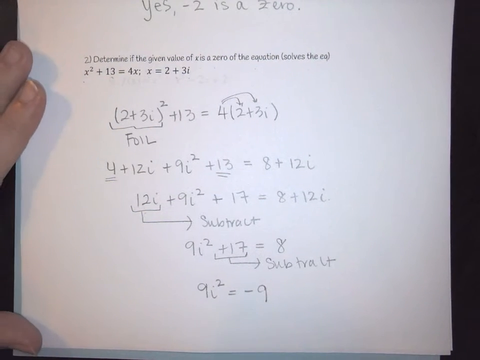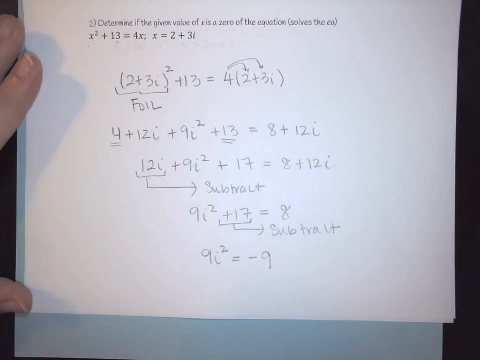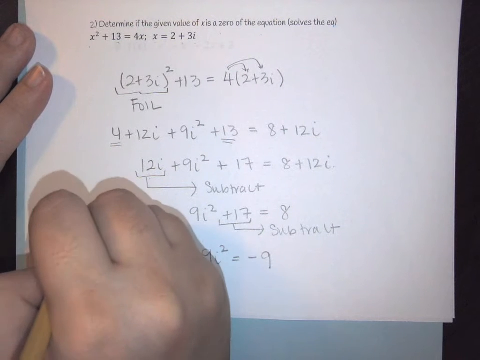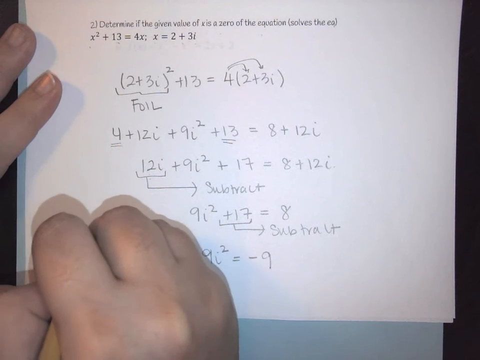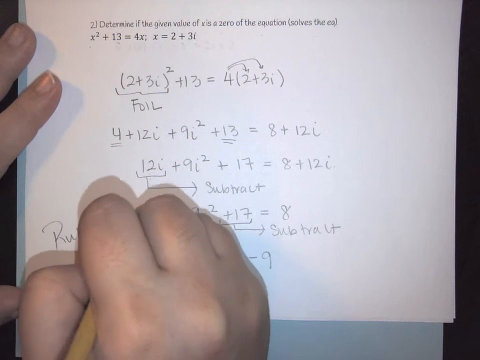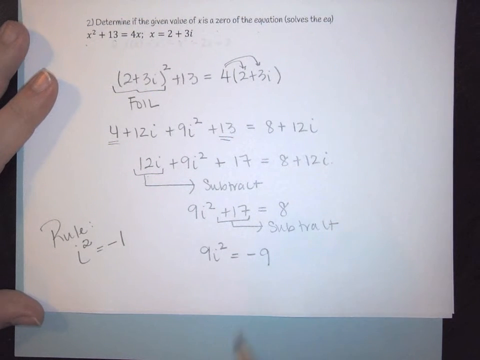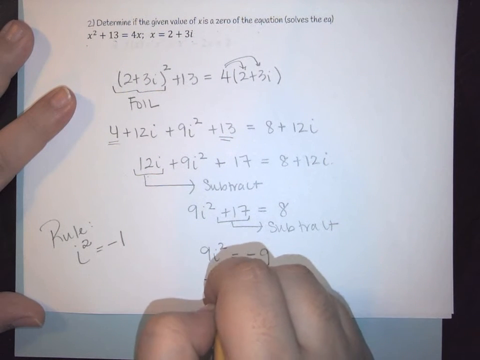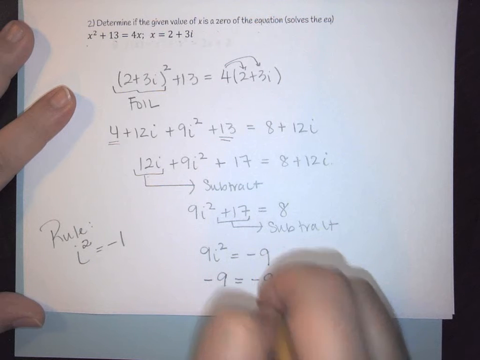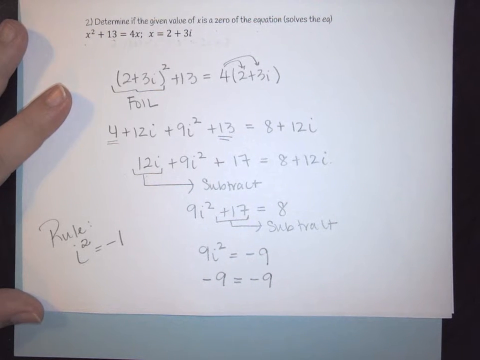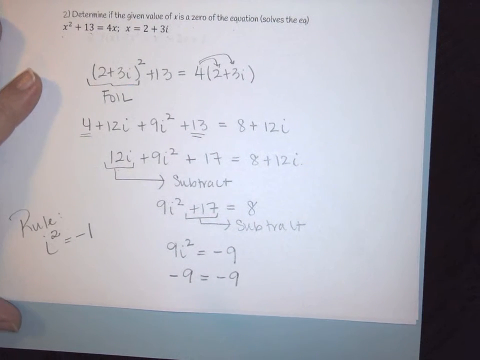At this point, we have to remember we have a very special rule. The rule states that i squared equals negative 1. So that means this gives me that negative 9 is equal to negative 9. Again, remember we have to actually draw our conclusion.